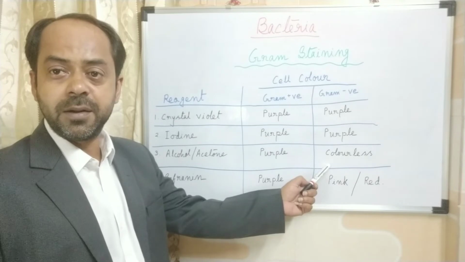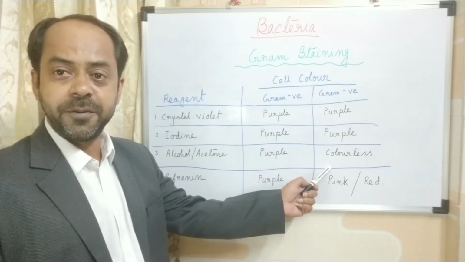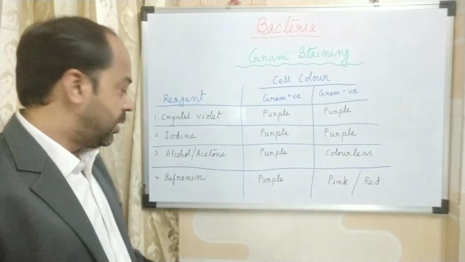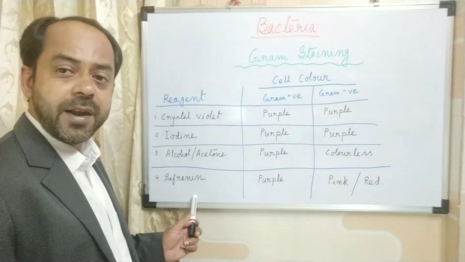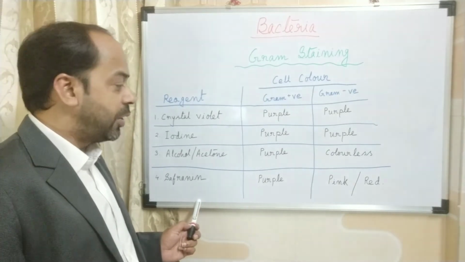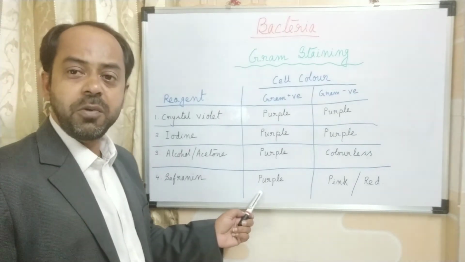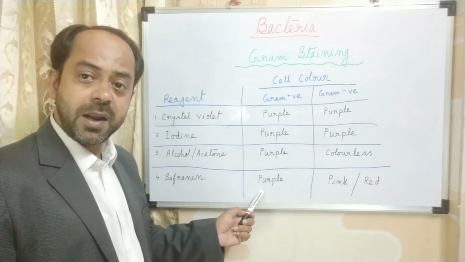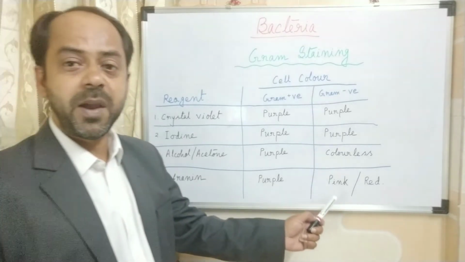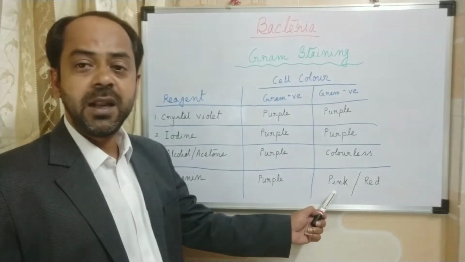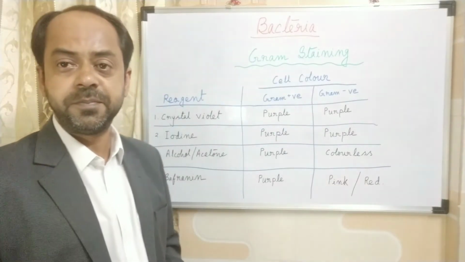There will be no color. That is the difference. Again, we add one more color, that is safranin. Gram positive bacteria will remain the same purple color, but the gram negative bacteria cell color will change to pink or red.